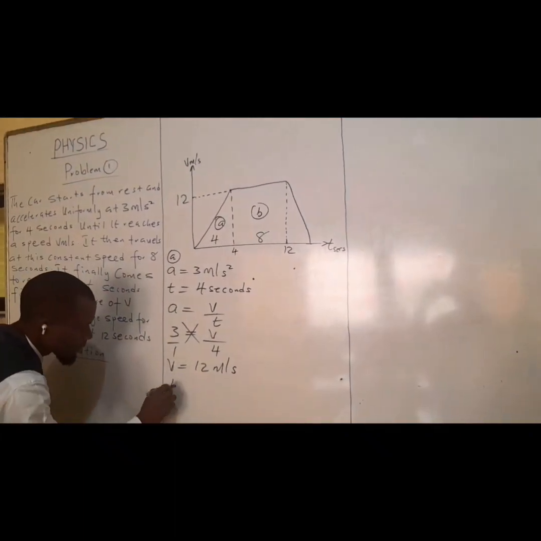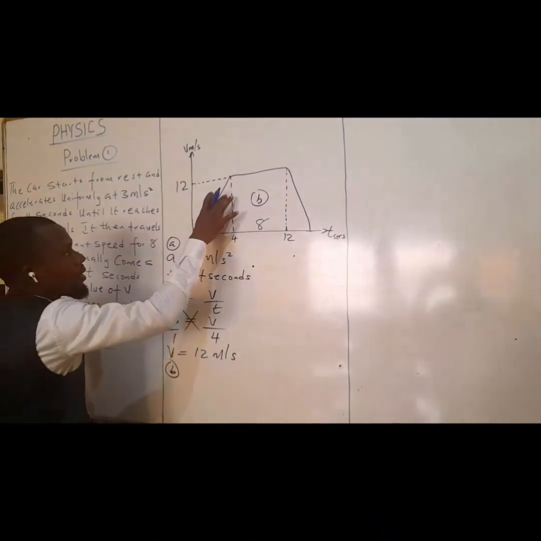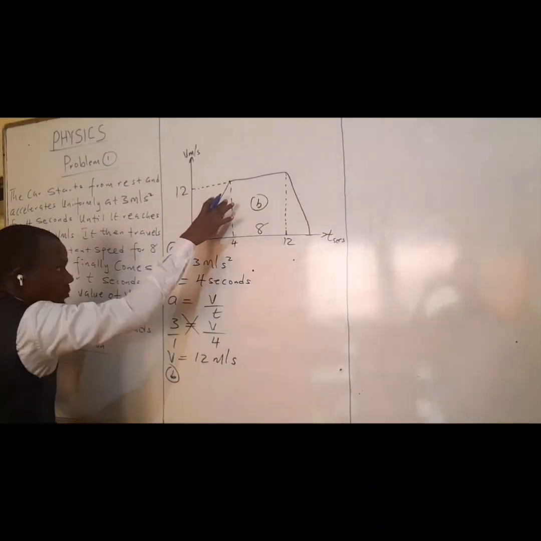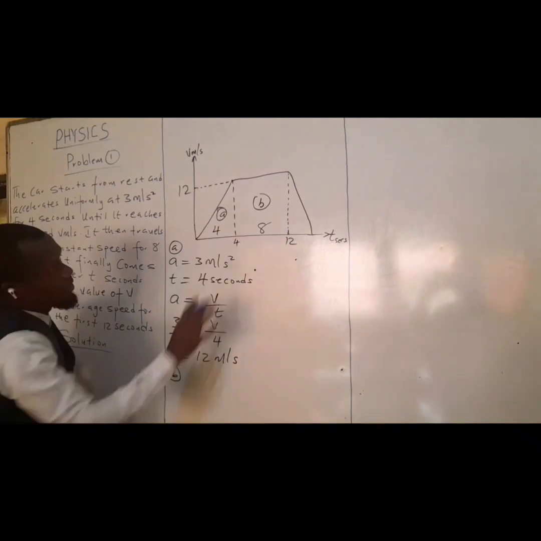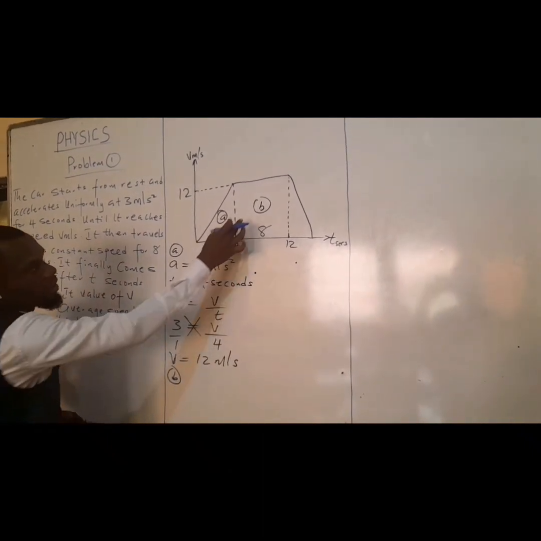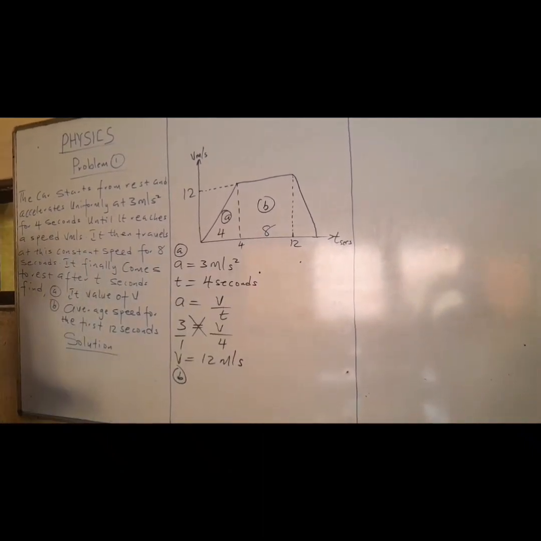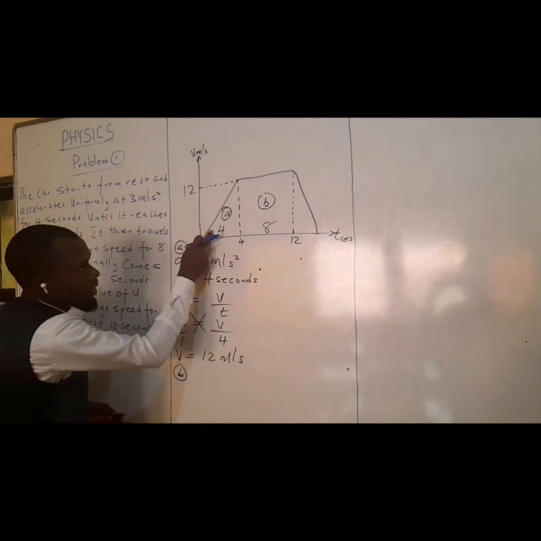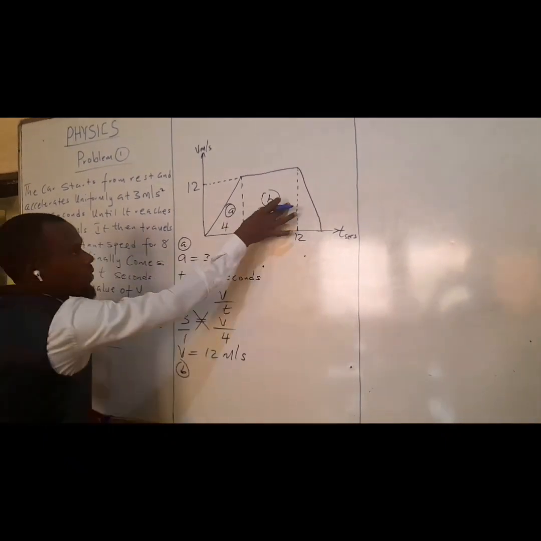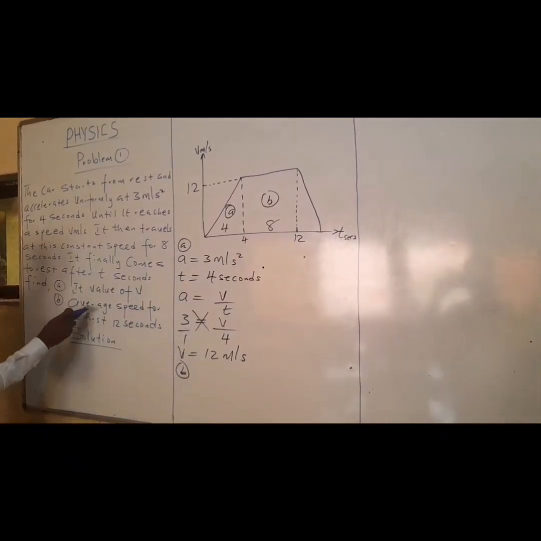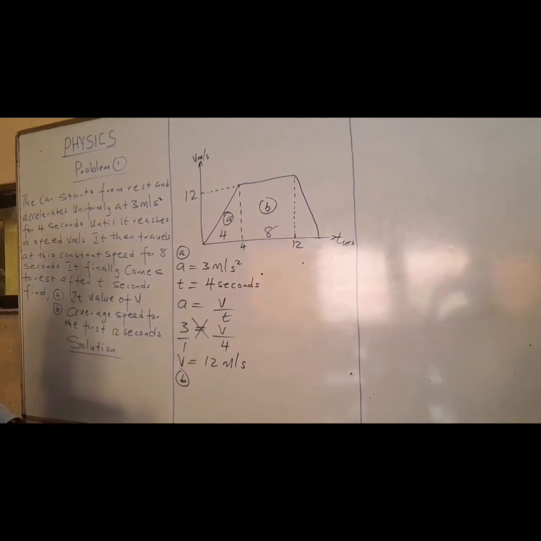I'm looking for what shape is this? This is triangle and this is a rectangle. So I'm going to look for area of a triangle and area of a rectangle to get my average speed. Am I communicating?